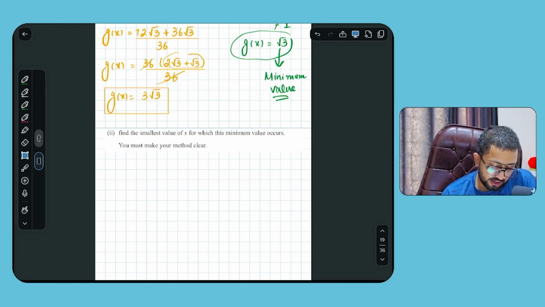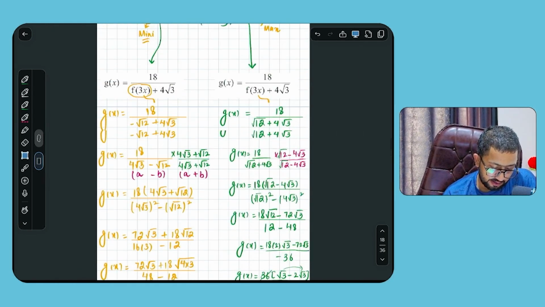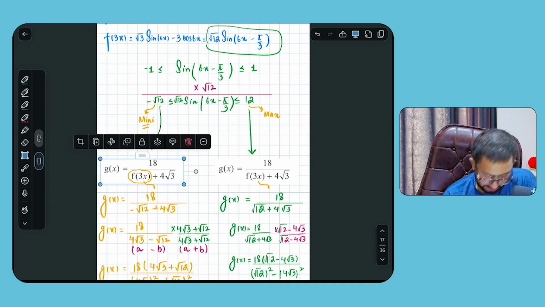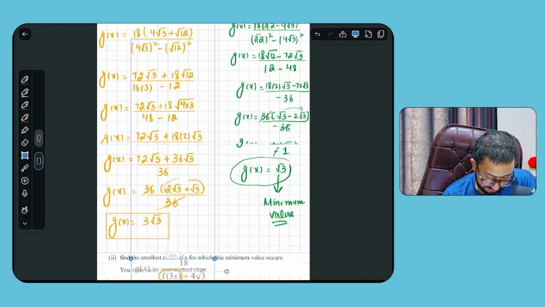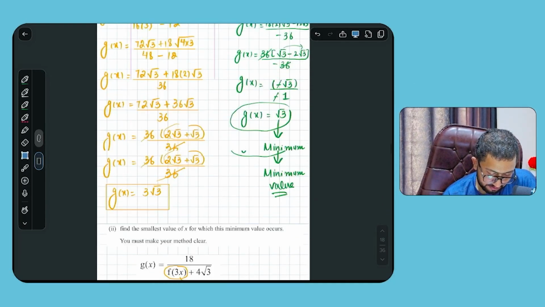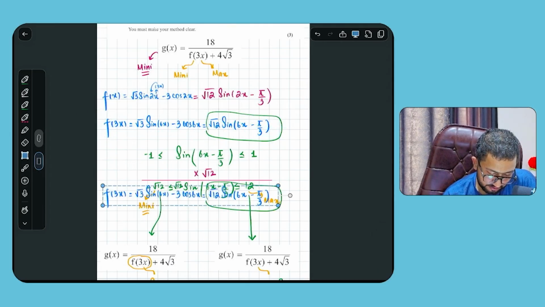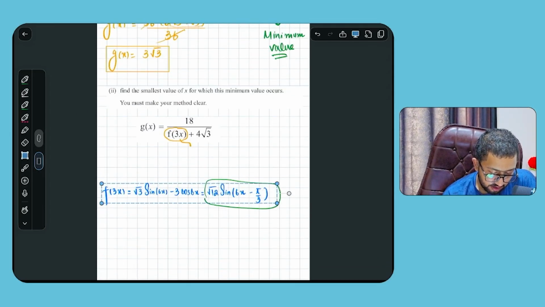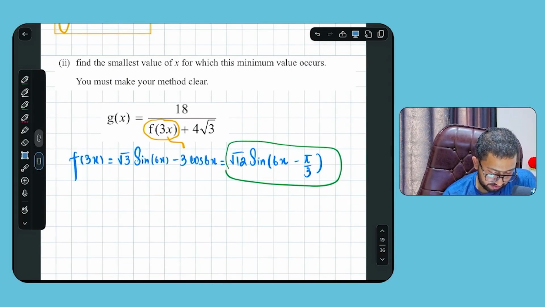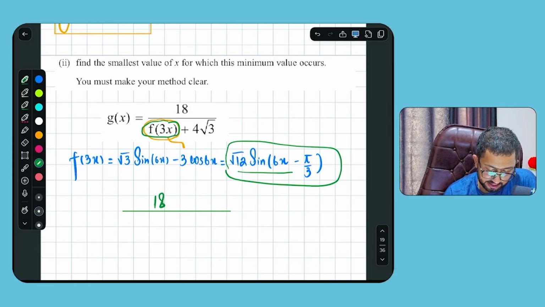Find the smallest value of x for which this minimum value occurs. Yes, everyone knows 18 over. I have to put the g of x function. F of 3 of x is this one.